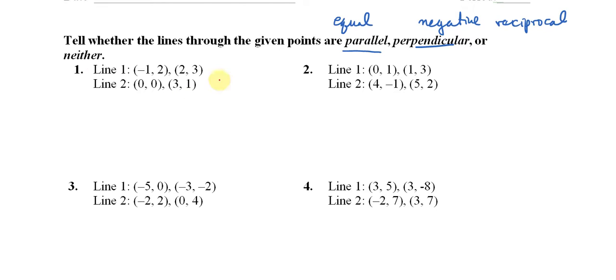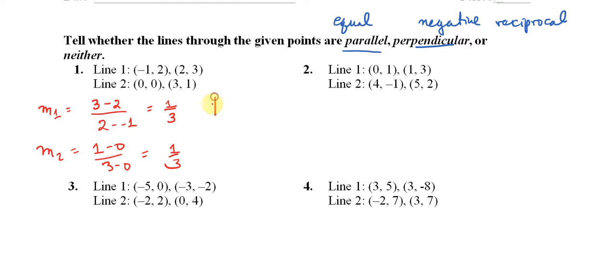I'm going to say that m1 is the slope of line 1. The slope is changing y over changing x: 3 minus 2 over 2 minus negative 1, so you end up with 1 over 3. The slope of line 2 is 1 minus 0 over 3 minus 0, so that's 1/3. Since they are equal, line 1 and line 2 are parallel.